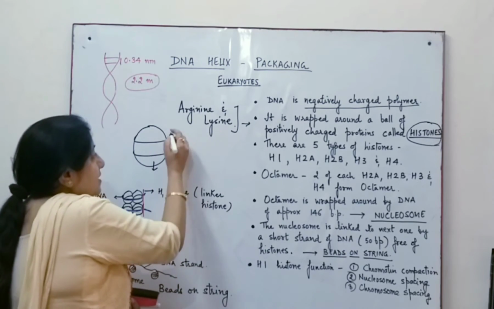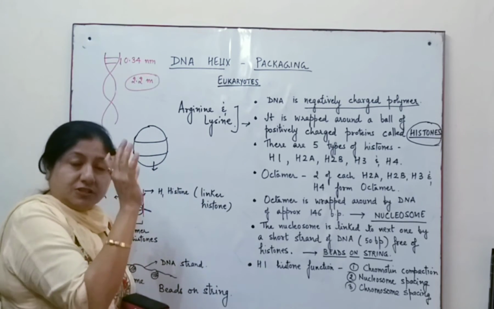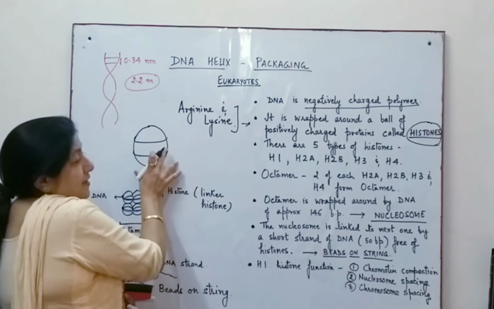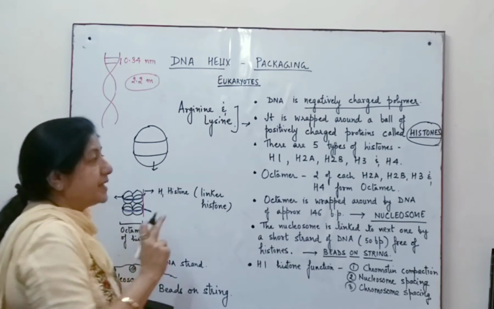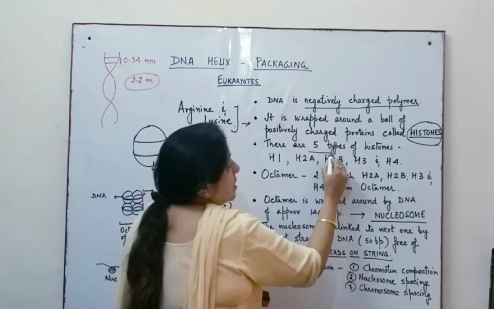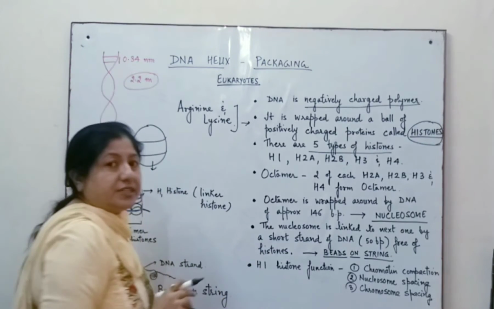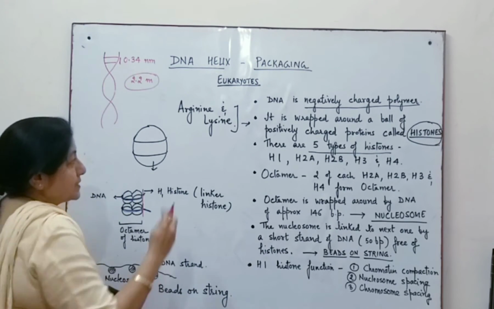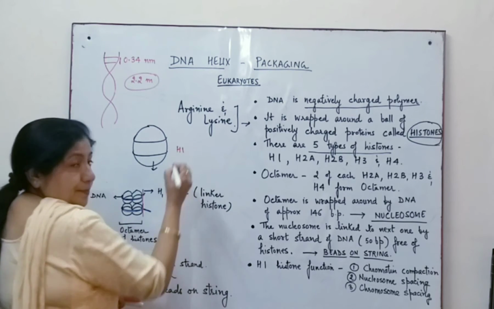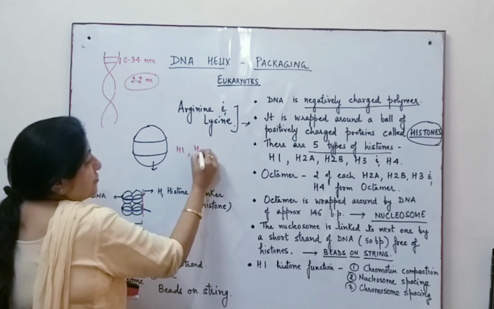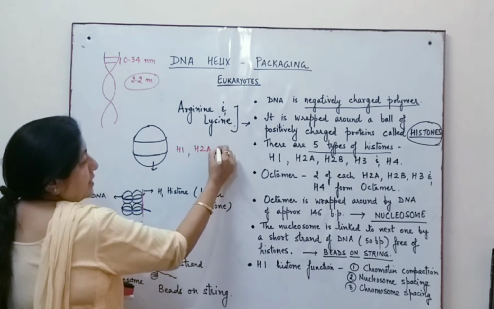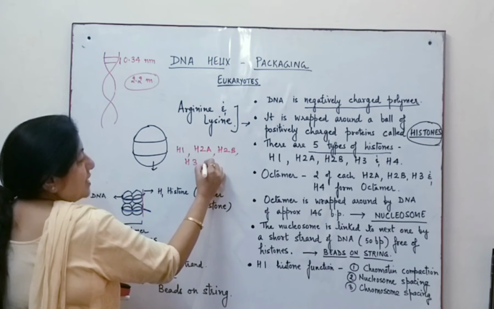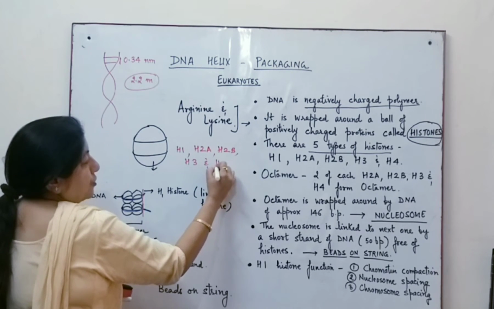When we study the packing or the structure of how the DNA is being held, we find that there are 5 major types of histones associated in the packaging, and these 5 types are H1, H2A, H2B, H3 and H4.